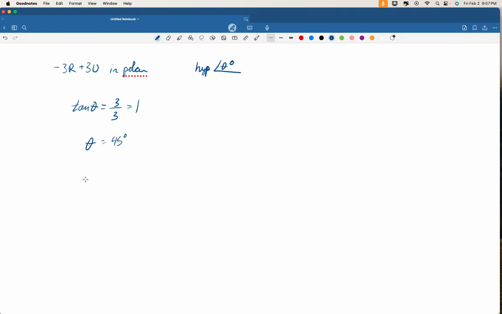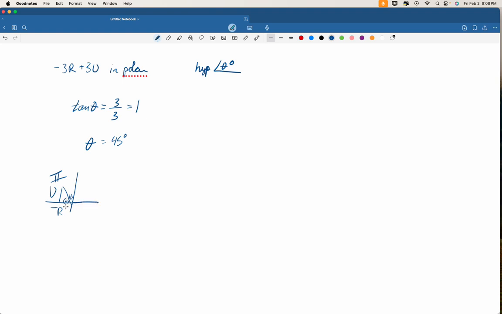This is where you have to take into account where it lives on the Cartesian coordinate system. And because r is negative here, that would be a negative r and a positive u, right? So it's going to be in quadrant 2. And if that relative to the x-axis is 45, then this is 45, right?